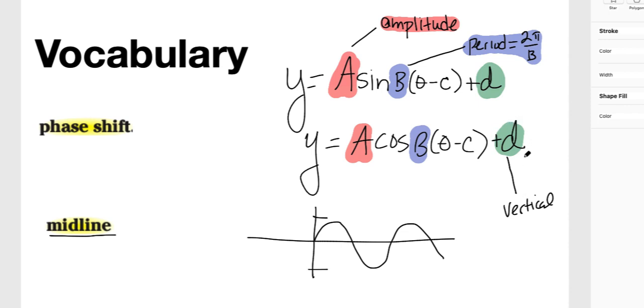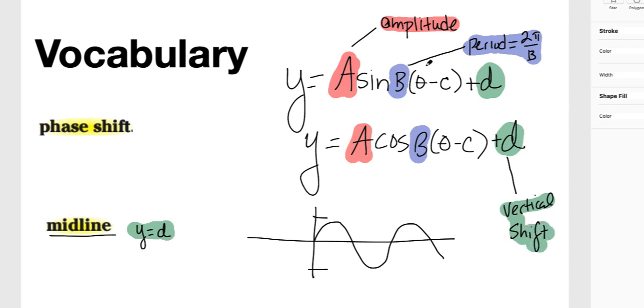So D is a vertical shift up or down. Okay, so we've got a vertical shift, but we also have a change in the midline. So Y equals D would be the midline. I hope that makes sense, okay? So I'm going to highlight all of that in green because they're all related to one another.